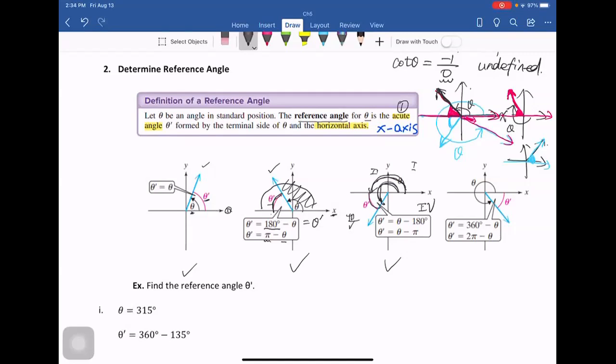In radian form, theta prime equals theta minus pi. Next picture, in the fourth quadrant, that equals 360, the full rotation, subtract this part, we got this. So theta prime is 360 degrees minus theta. In radian form, that's 2 pi minus theta.